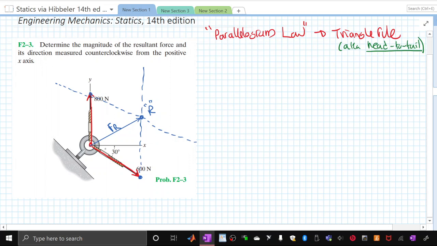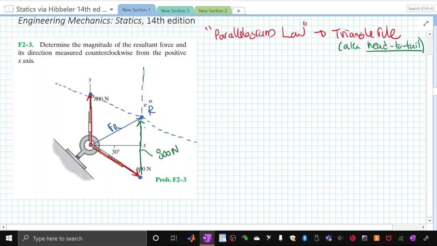Look, I'm gonna draw this. You consider this 600 Newton vector at the bottom, and I'm gonna take this vector right here and place it on this line of action, this vertical line. Okay, I'm just gonna delete all that. I'm gonna place it right here, and this is an 800 Newton vector.